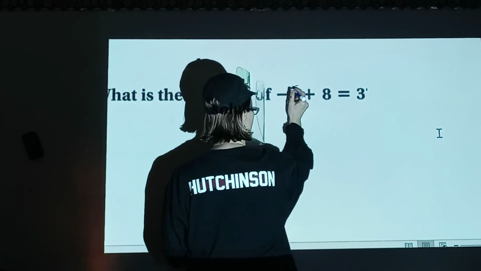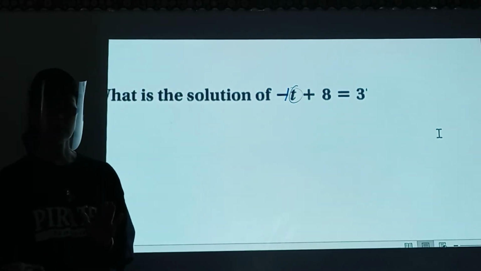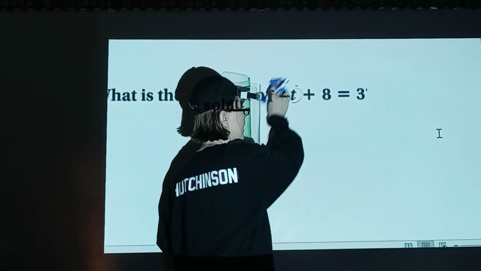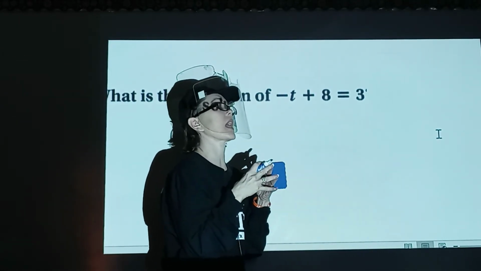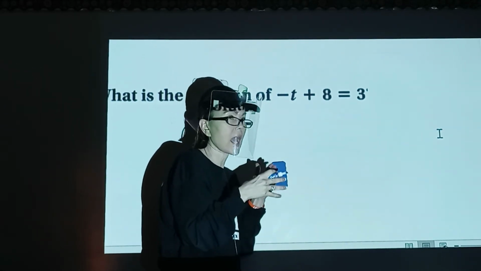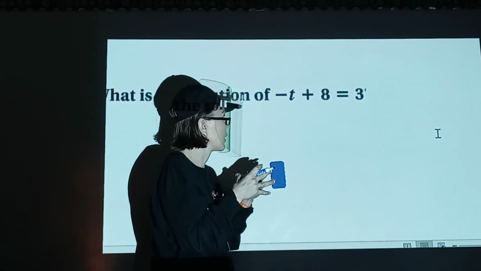A 1. Do it now. That is a -1. Even though there is no 1 there, all it says is -t. Even though it's not there, you know there's a 1 there. That is a -1 times t, a -1 t, okay?